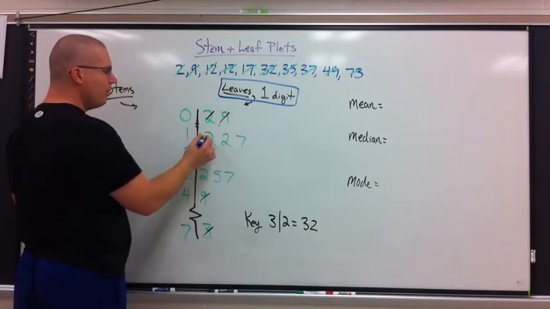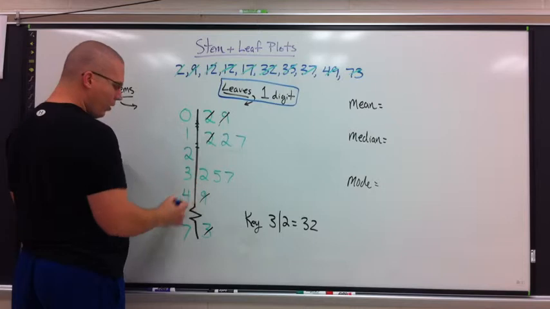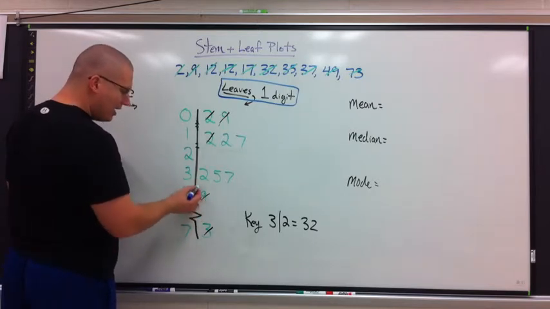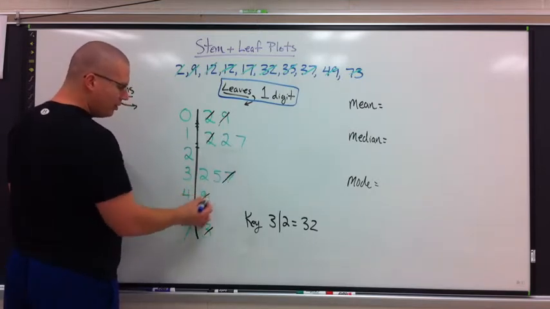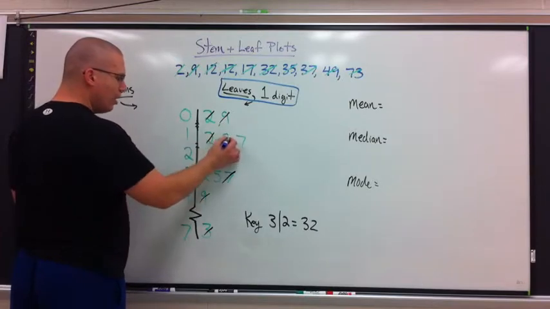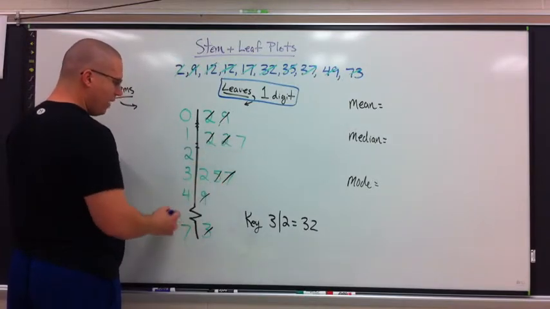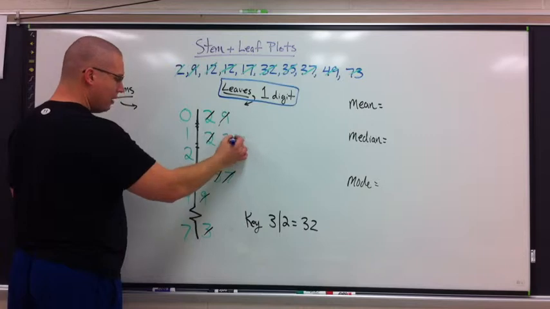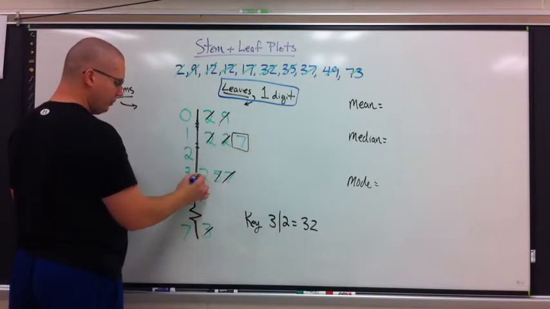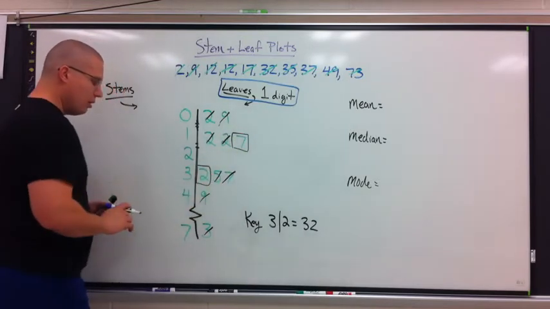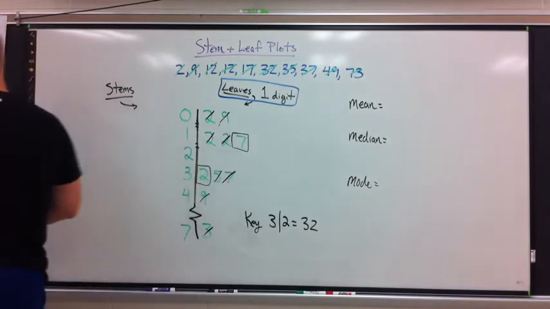What's the next lowest number after 9? That's right, it's 12. Next highest after 49 is not 32, it's 37. Next lowest, 12. Next highest, 35. Next lowest is 17. Next highest is 32. So now it's between 17 and 32.